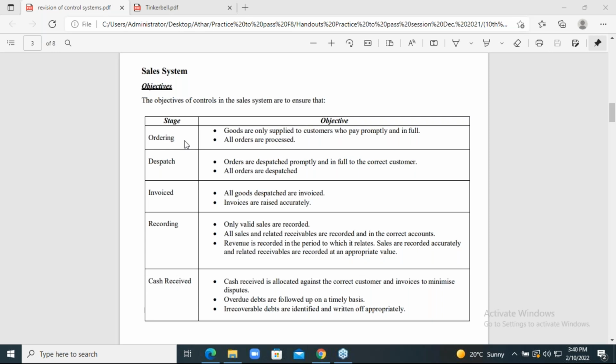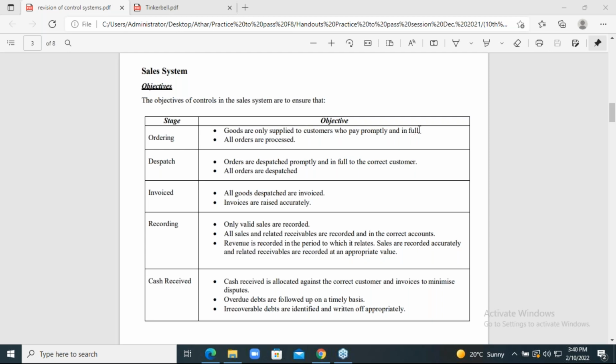The objectives of the ordering system are that goods are only supplied to customers who pay promptly and in full, and all orders are processed. These are the 2 objectives at this level. There may be some other objectives, but for example, we have taken these 2 objectives. Now, goods are only supplied to customers who pay promptly and in full.